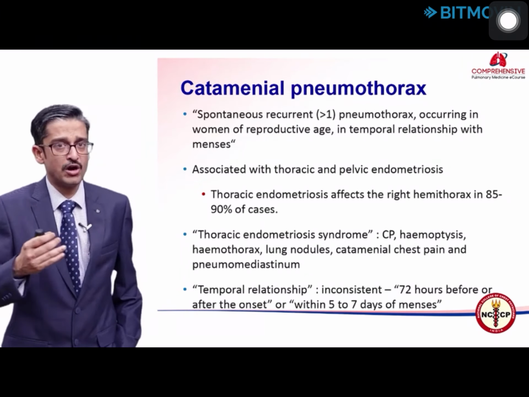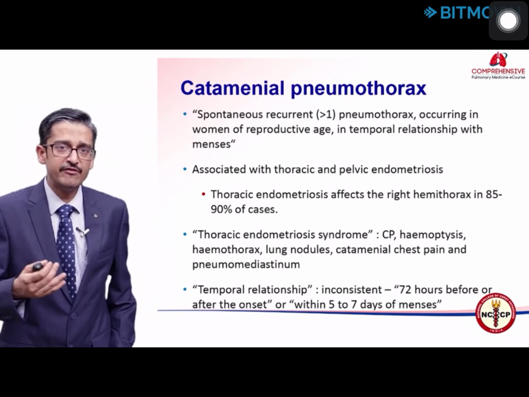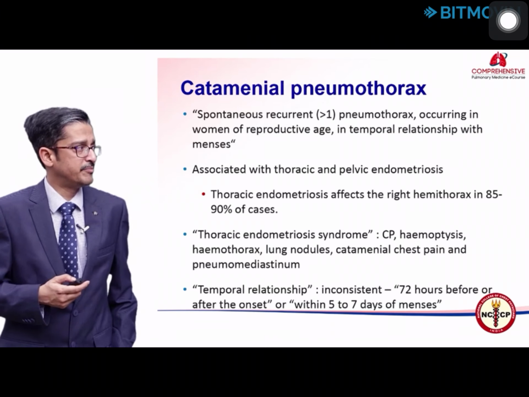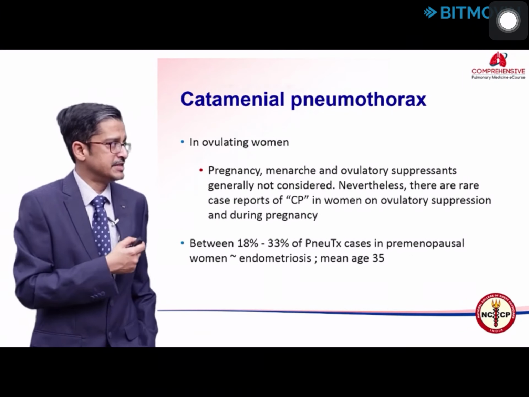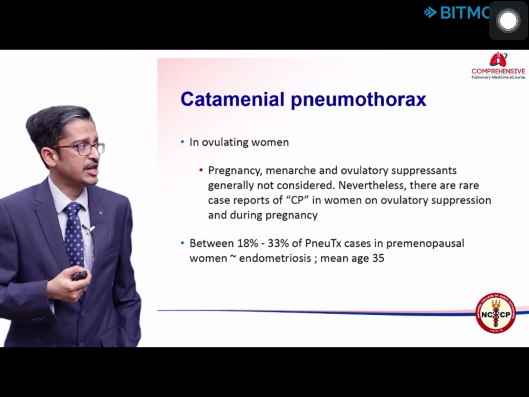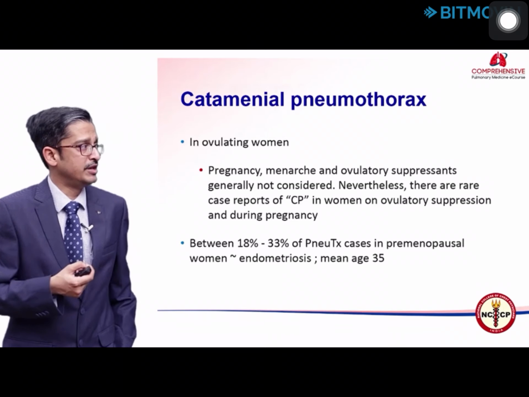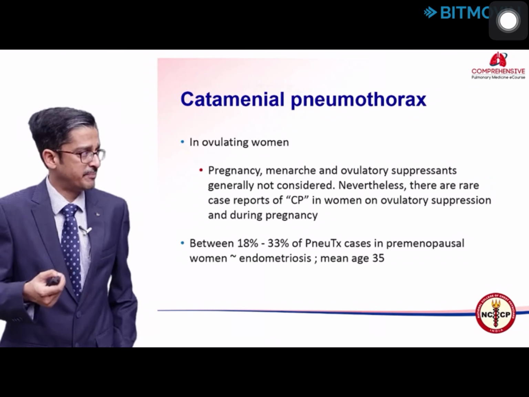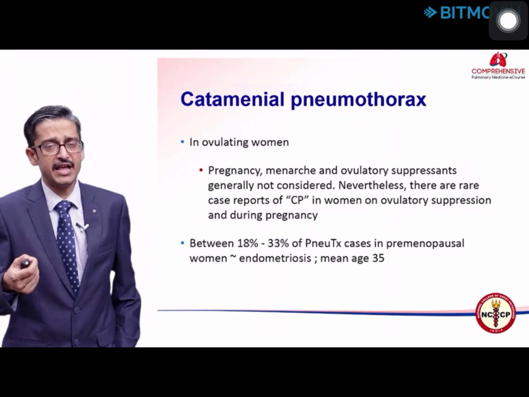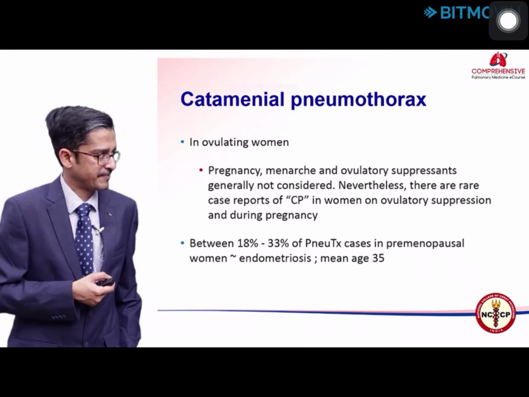It can be 72 hours after the onset of periods, or it can be within 5 to 7 days of them having their periods. In ovulating women, pregnancy, menarche, and ovulatory suppressants are generally not considered. However, there are certain case reports that women on ovulatory suppression and during pregnancy very rarely have pneumothoraces, but the incidence comes down significantly.